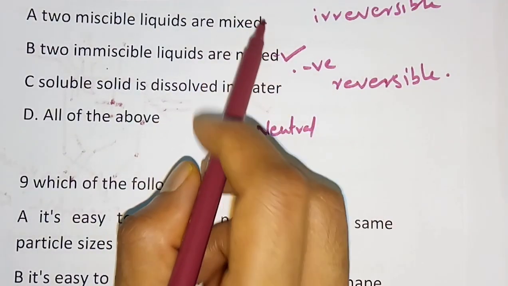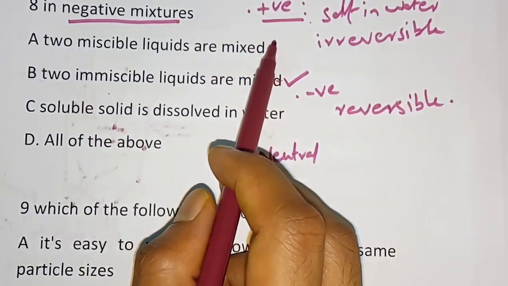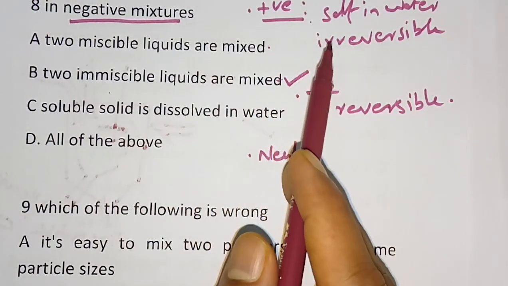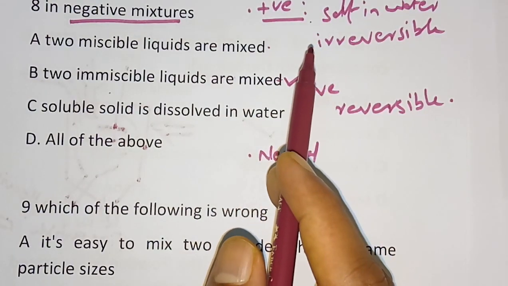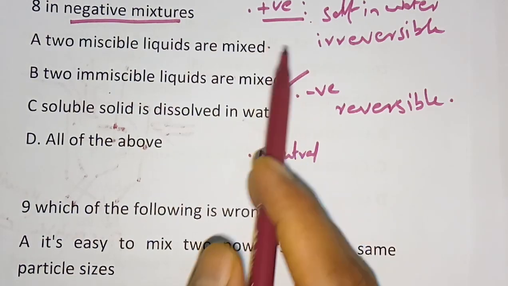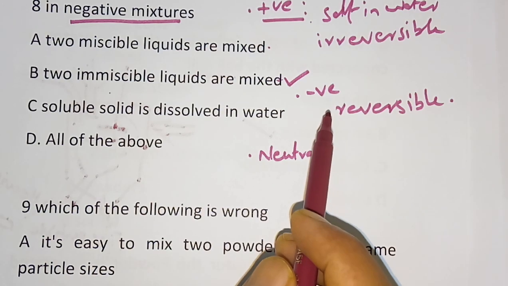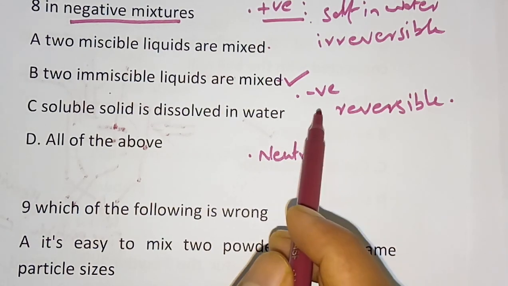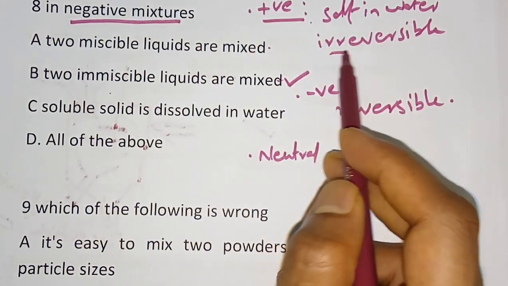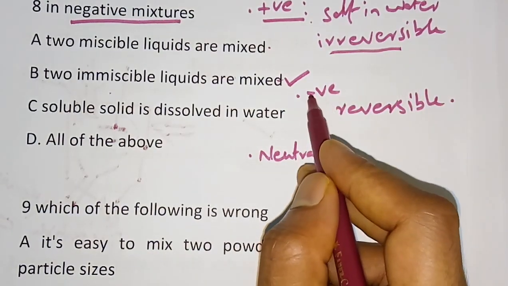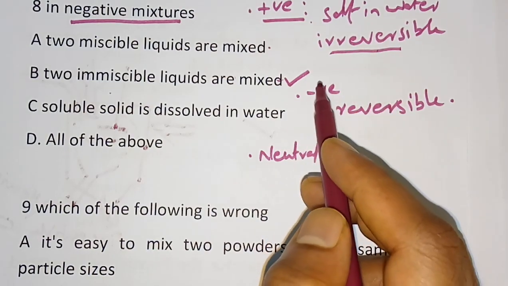They can mix with each other, but they are normally not mixing. They don't like to mix. But once mixed, they do not separate after mixing. That means irreversible. Understood? They will not mix with each other, but once mixed, they will go to an irreversible state.